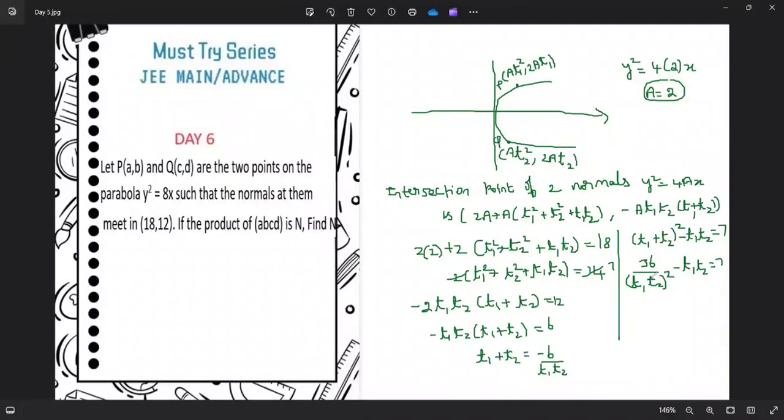Since the question is about the product, I wish to keep t1 t2 as a new variable K. So t1 t2 equal to K. Then after LCM, we'll be getting 36 minus K cube equal to 7K. So we have K cube plus 7K is equal to 36.